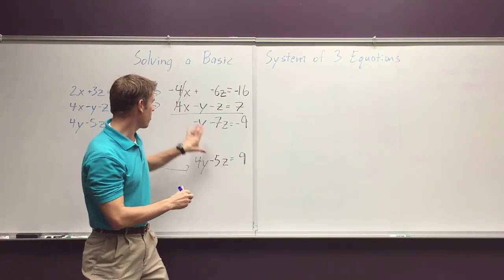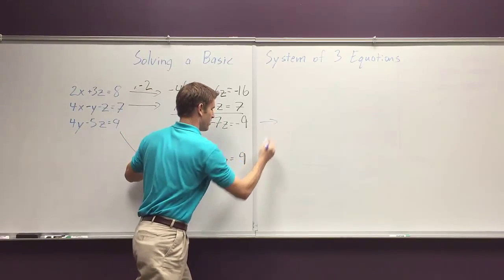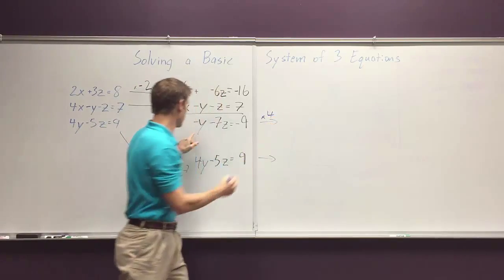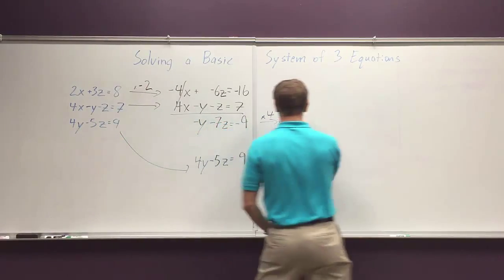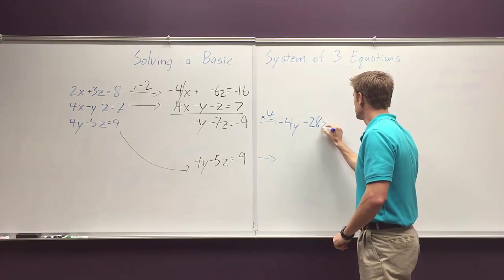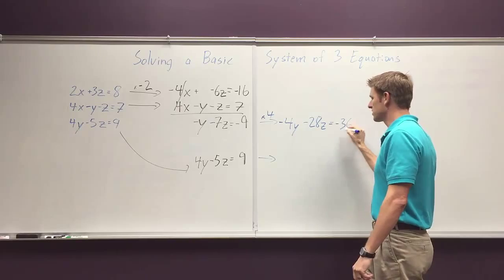So we have to shave off another variable here. Let's shave off the y by multiplying the top equation by 4. We get, let's see, -4y minus 28z equals -36.